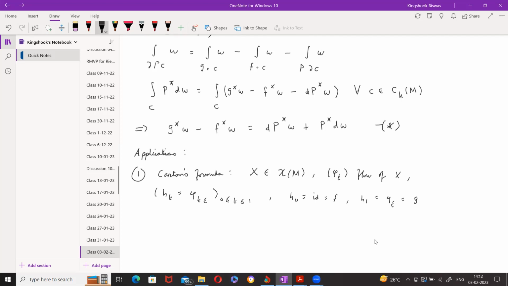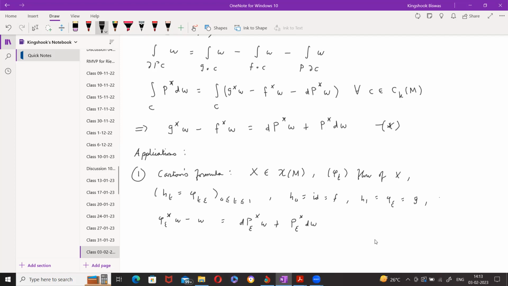Okay. Then if I apply the formula star, what do I get? I get that phi_epsilon star omega minus omega equal to d P_epsilon star omega plus P_epsilon star d omega.